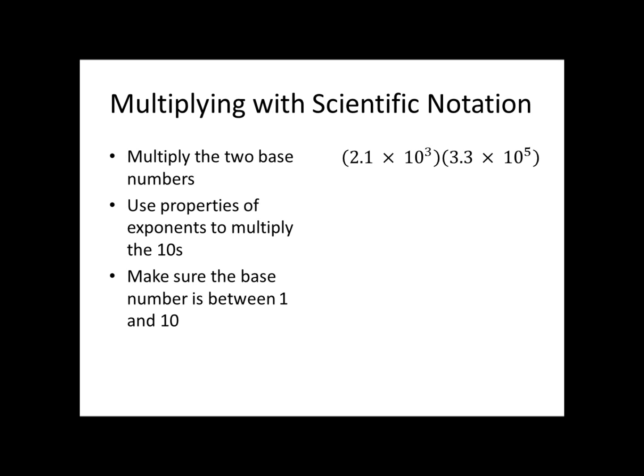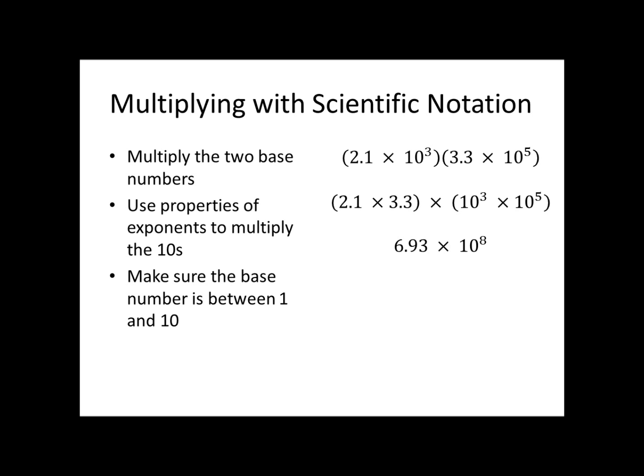I'm actually going to take the 2.1 and the 3.3 and group them, and I'm going to group the powers on 10. So, regrouping, I've got 2.1 times 3.3. In the back, I've got 10 cubed times 10 to the 5th. 2.1 times 3.3, well, that's 6.93. That's not difficult. 10 cubed times 10 to the 5th, all I got to do is add the powers. I get 10 to the 8th.